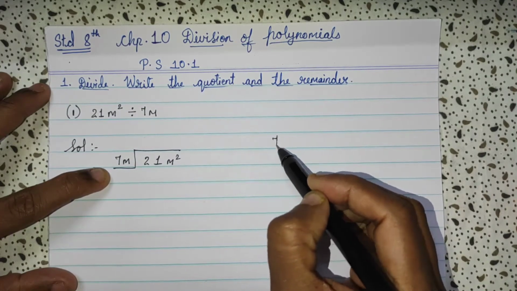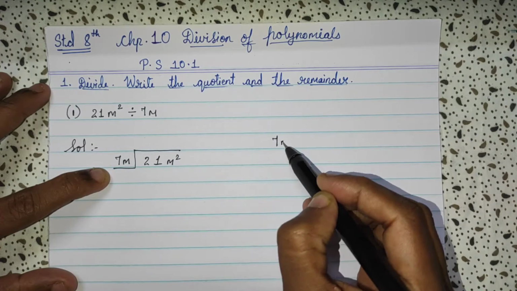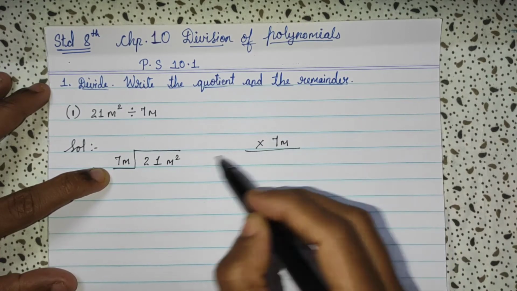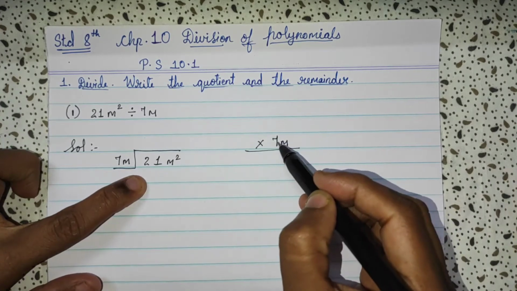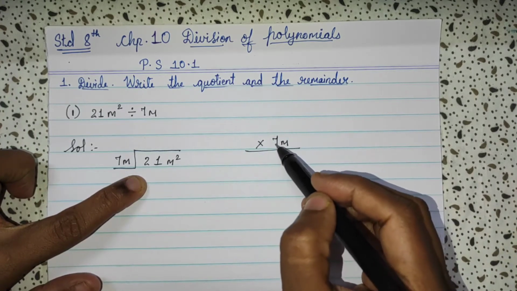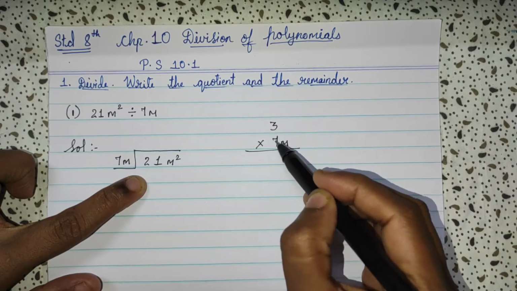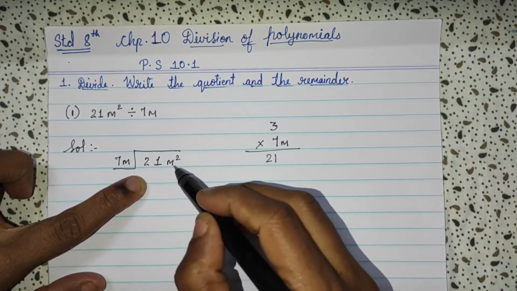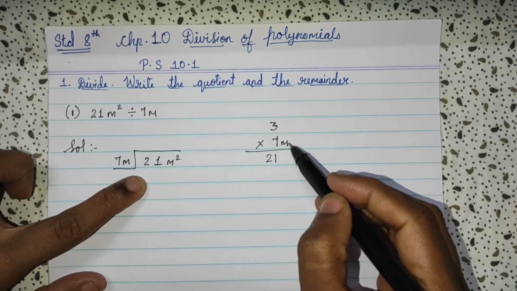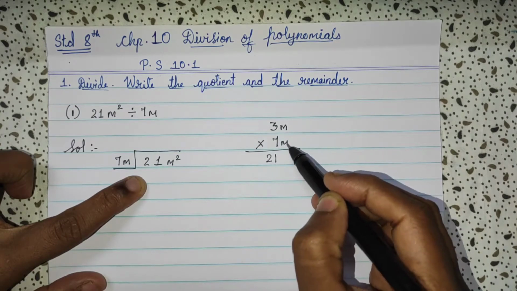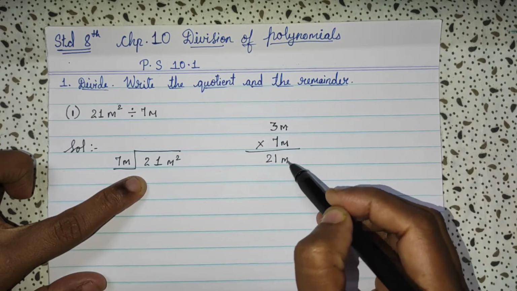See, this 7 is a divisor, that means it is a multiplication. So, now you want 21. So, in the 7 table, when will you get 21? 7 3s are 21, and you want m square, you have m, so that means 1 m is missing, so m into m square.